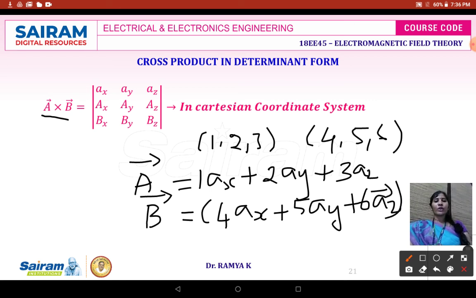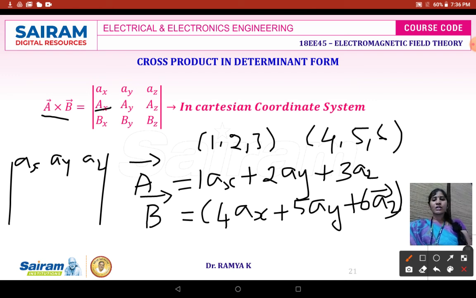Now, if you want to identify the cross product in determinant form under the Cartesian system, you have to write the determinant with ax, ay, az. What is the constant for ax? It is 1.